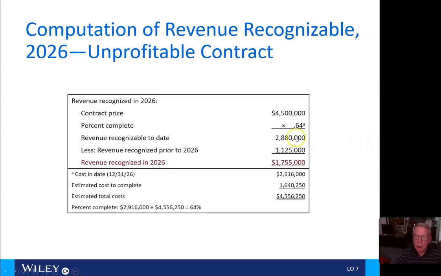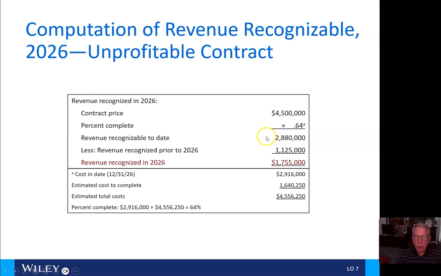Okay, here our revenue was $4.5 million. Our percent complete was 64%. Again, that is that calculation we made earlier. This time we'll take the 2,916,000 divided by the $4,556,250, resulting in 64%.